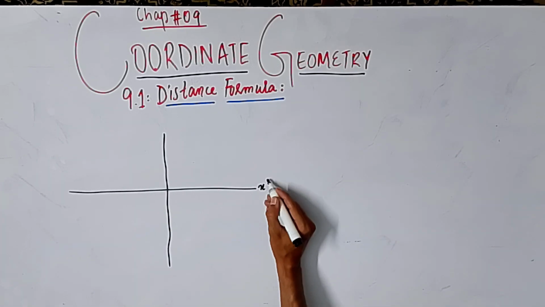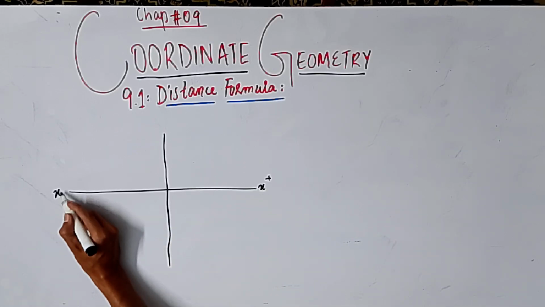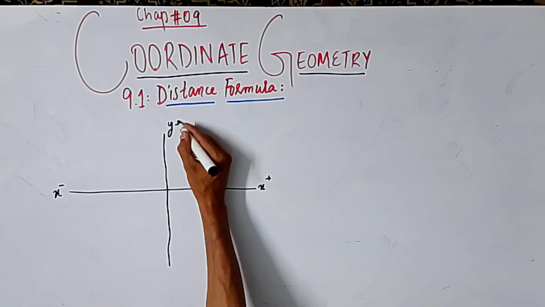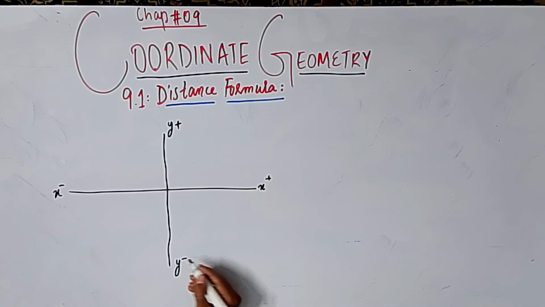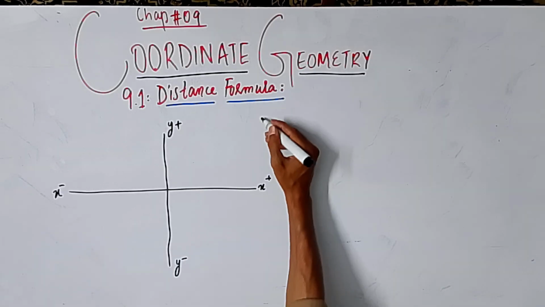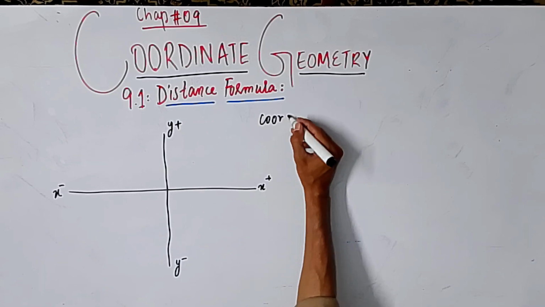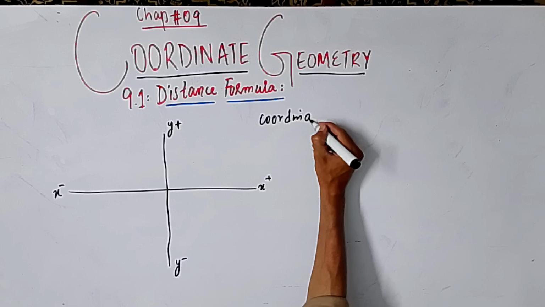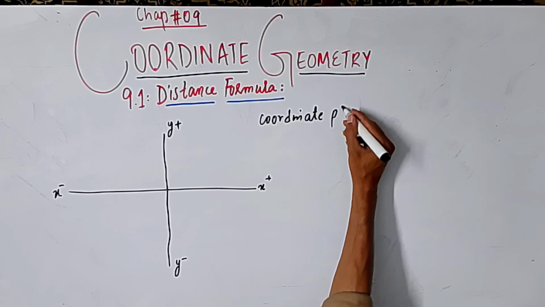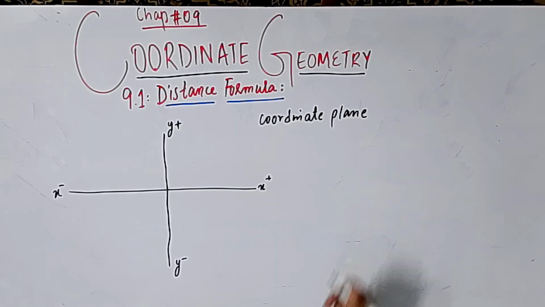So this is x positive, this is x negative, this is y positive, this is y negative. We call this a coordinate plane, or xy plane.